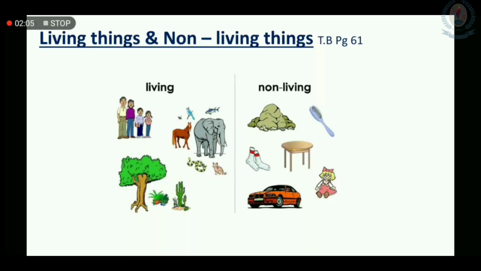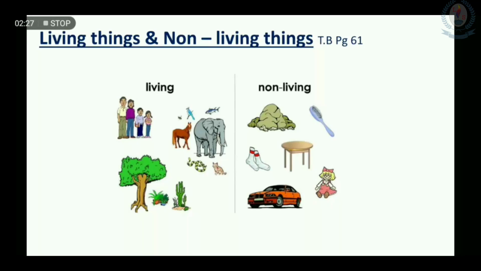Can you guess few of them? Yes, good try. Okay, now let me tell you important points that we should be concerned about before grouping matter as living things or non-living things.